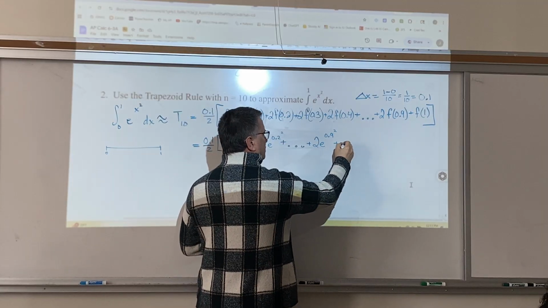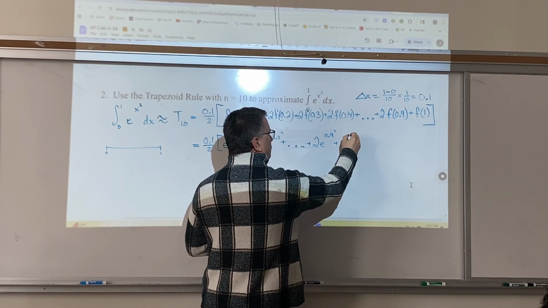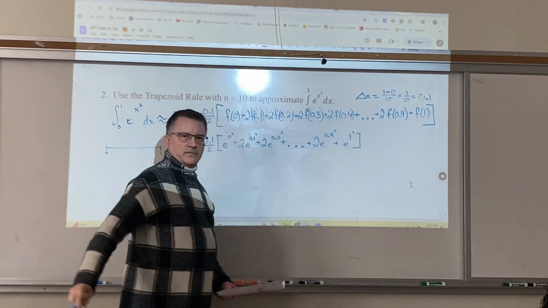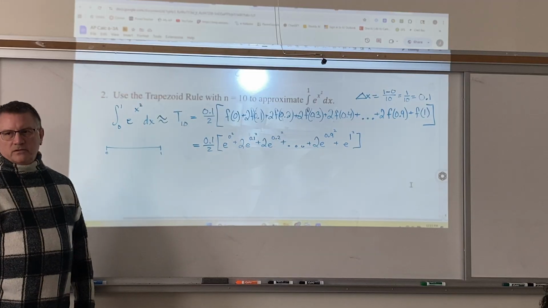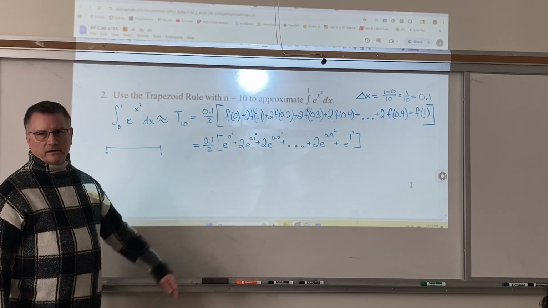And then the last one plus 1 times e to the 1 squared. So I'm taking each of those values of x and just plugging it in. So there's what you're really doing.